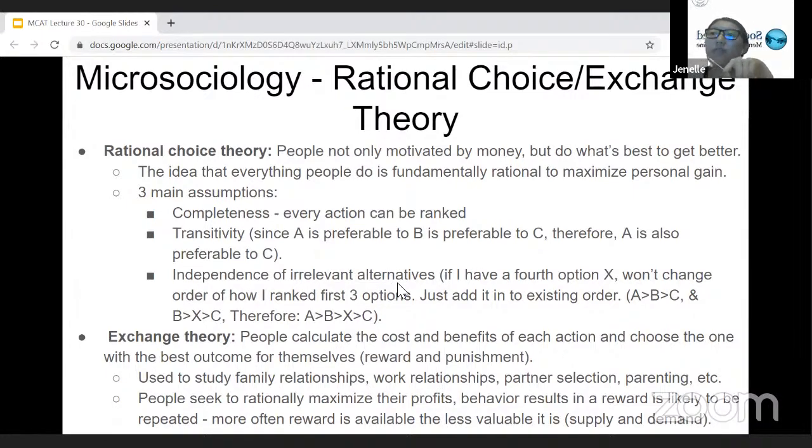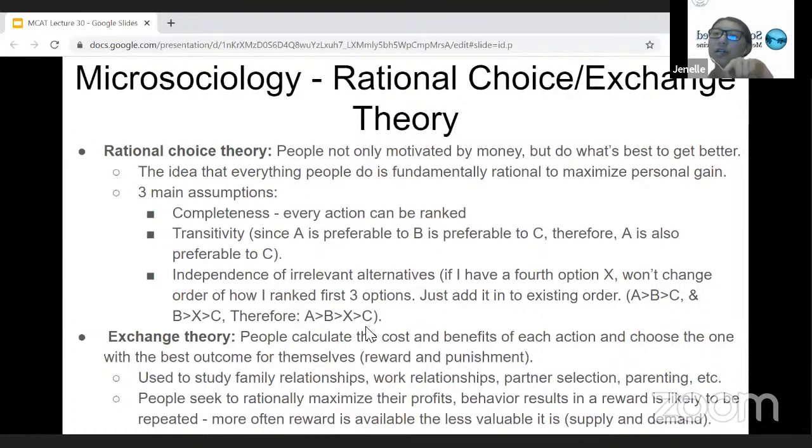If you have a fourth option besides the A, B, and C we mentioned before, it won't change how the other three options were ranked. It would just add another place within this ranking system. So that's rational choice theory.